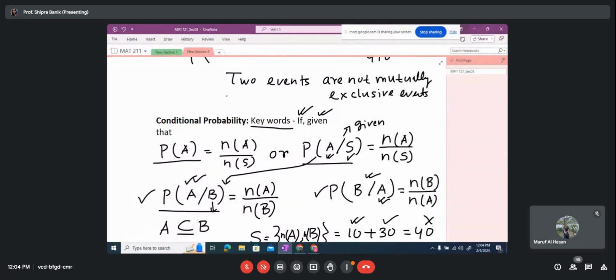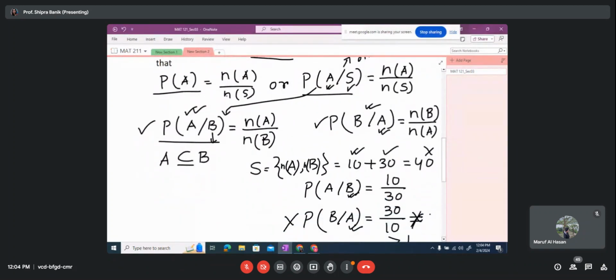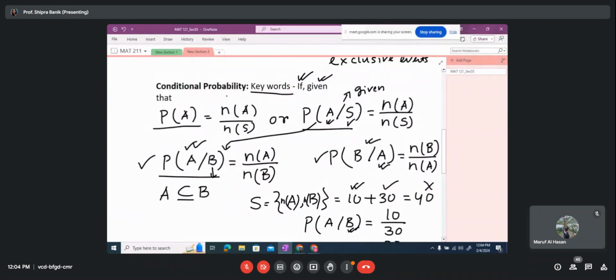Then you have seen the formula. It is exactly the same formula. We don't write it this way; instead we write it this way, because we understand and will calculate. If you write P(A), people understand you always use the total space. But if it is conditional probability, you cannot write only P(A). This is wrong. You have to write this notation: A conditioned on which event, and similarly B conditioned on which event.